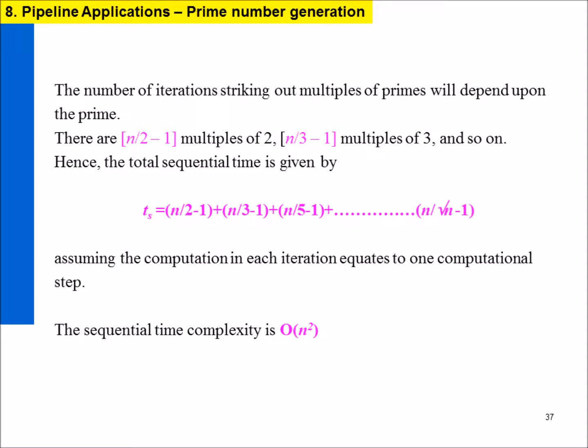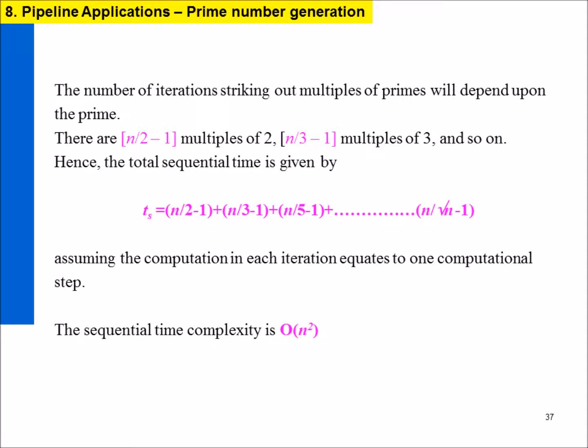Hence, the total sequential time can be given by this formula in pink: T_s is n/2 minus 1, plus n/3 minus 1, plus n/5 minus 1, plus so on until n divided by sqrt n minus 1, assuming the computation in each iteration equates to one computational step.